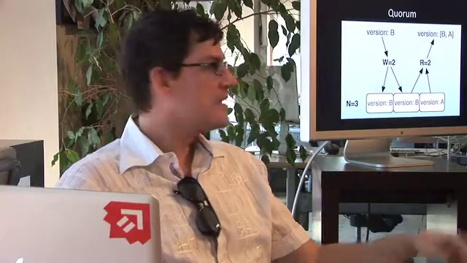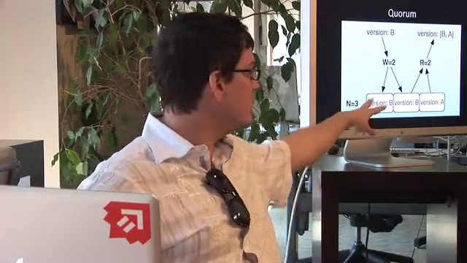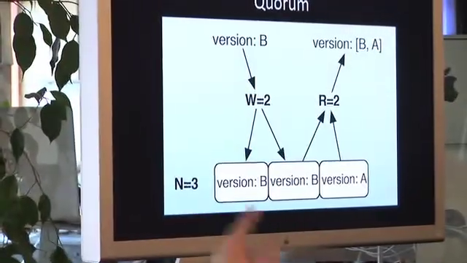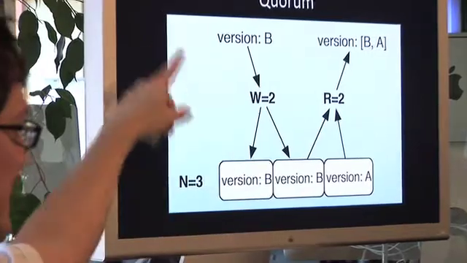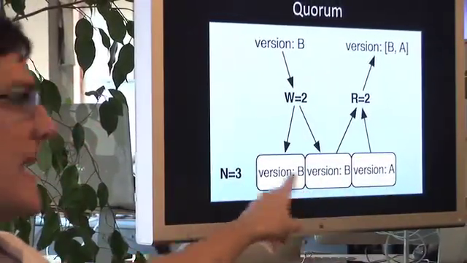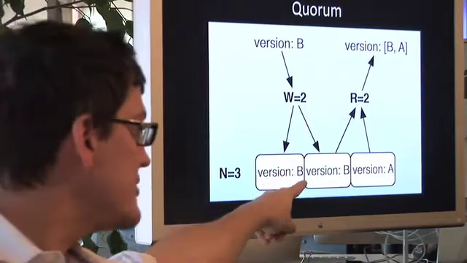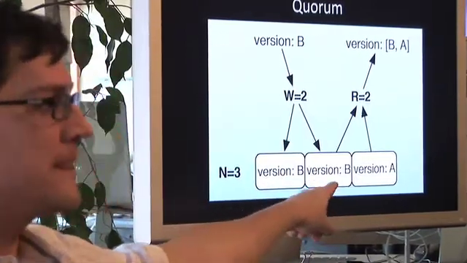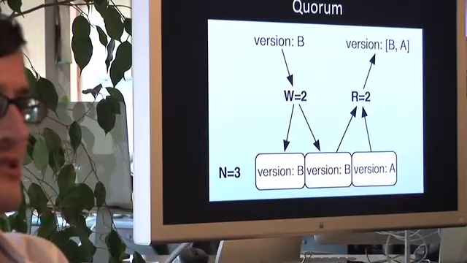Sort of the default is called a quorum. So if you have 3 nodes and you write to only 2 of them and you read from 2 of them, you're guaranteed that you're going to get the most recent value. So in this example, say that version A already exists on all these nodes, and then you write version B only to these 2 nodes, and then you read from 2 other nodes, that overlap is going to happen.